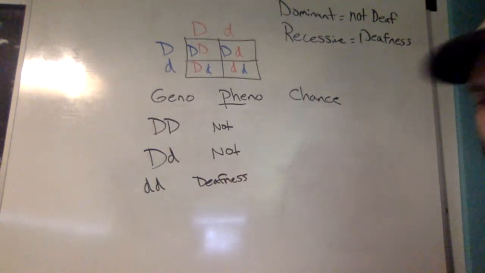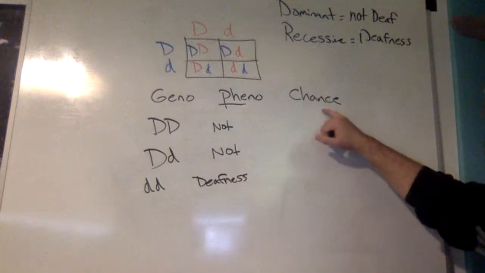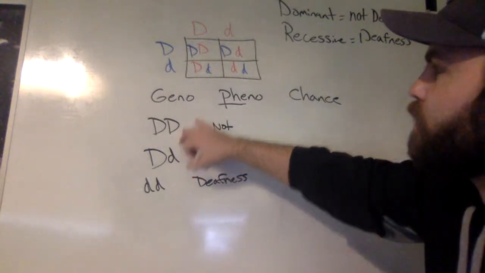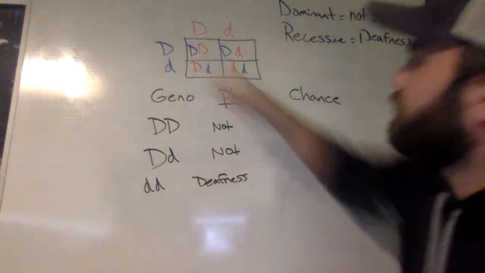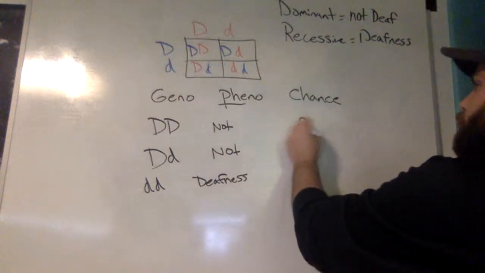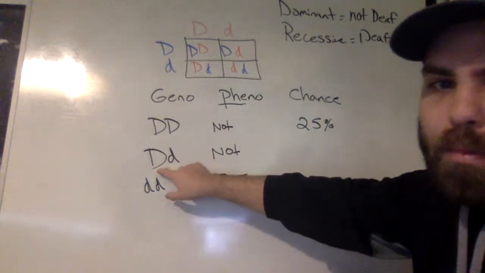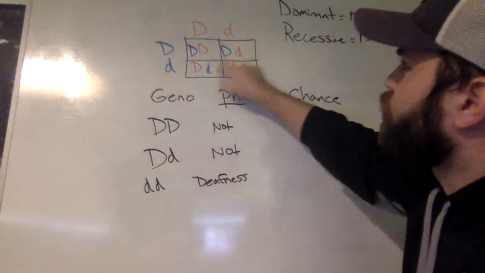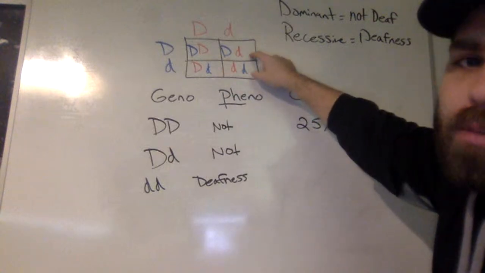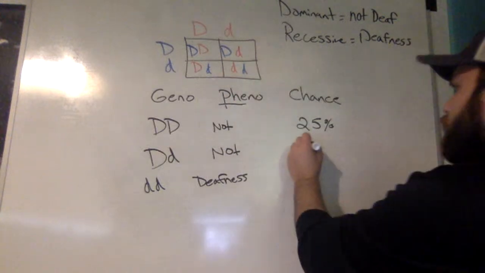And then we're going to look at the chance. So the chance, how many of them is capital D's? We got 25%. Then we look at when there's a capital and a lowercase. There's 2 of them. So remember, they're each 25%, so it's going to be 50%.